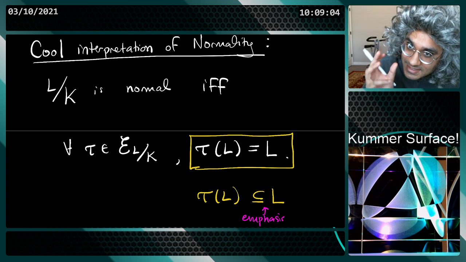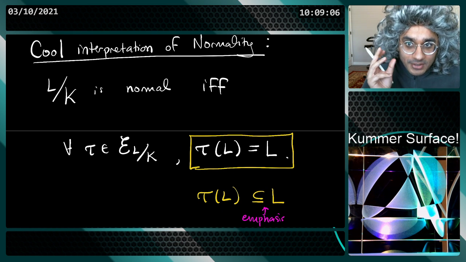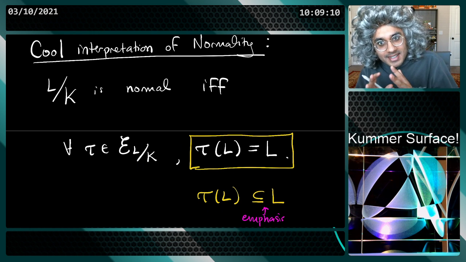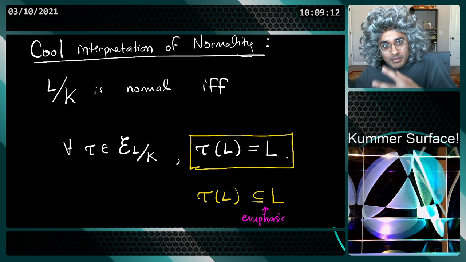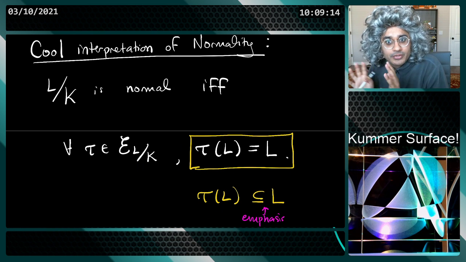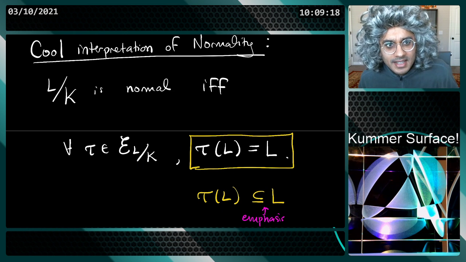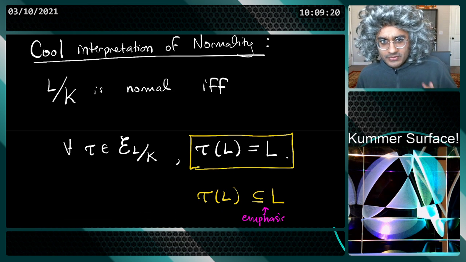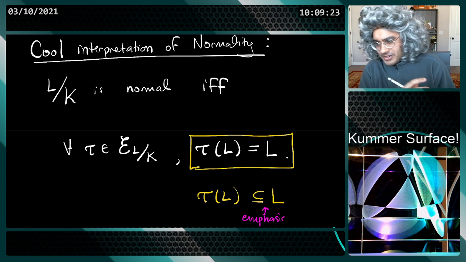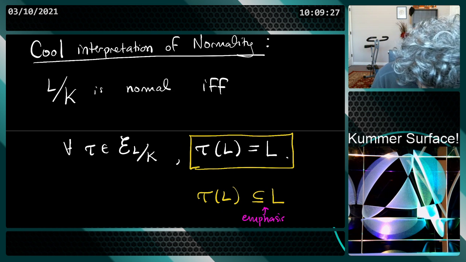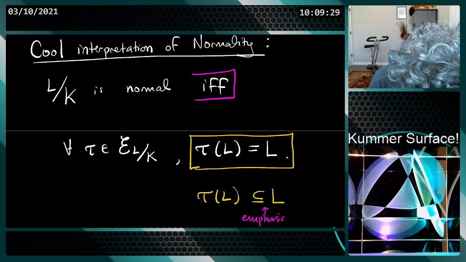Yes, and it's in line with not disturbing orbits of certain things, or not disturbing packets. That's another way that normality is kind of an inclusive property. Okay, so let's start thinking about the proofs of this. It's not that hard of an if and only if statement, at least not in my mind right now.